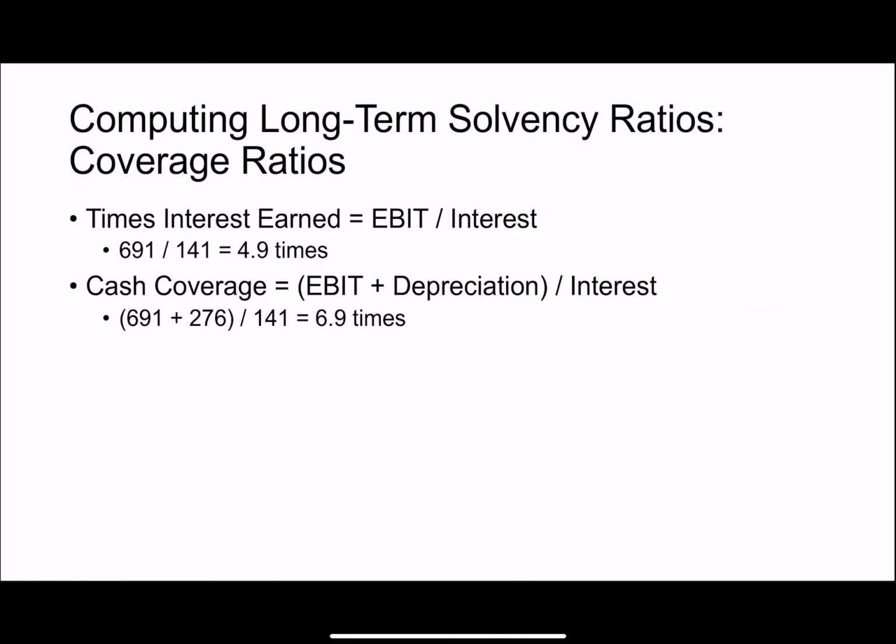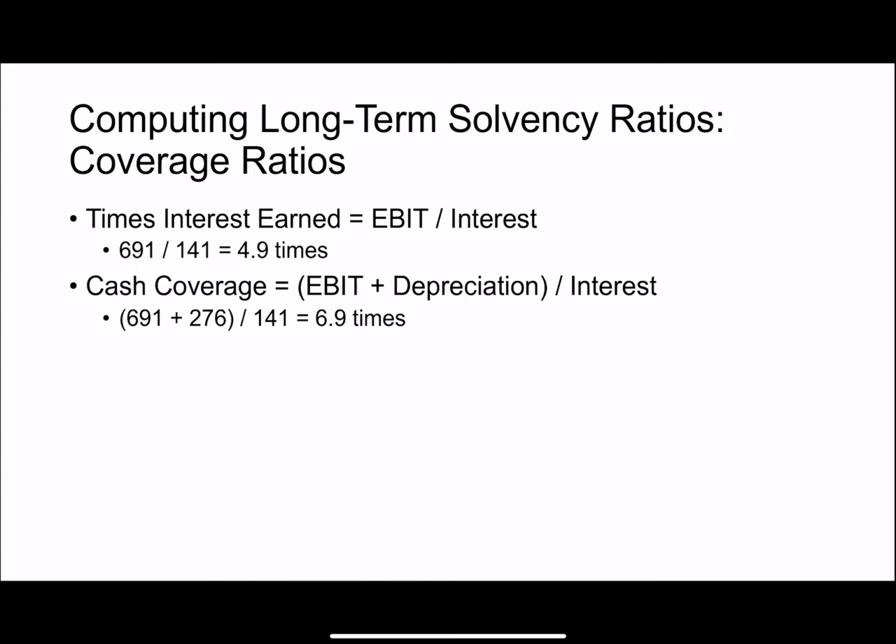But the second question that the banks want to know is, are you able to generate enough money on a regular basis to be able to service your debt? If I want to buy a car and take a bank loan, the bank wants to know how much debt I have already, but also if I'm able to make enough money on a regular basis, if my salary is big enough, so that I can keep making those interest payments.